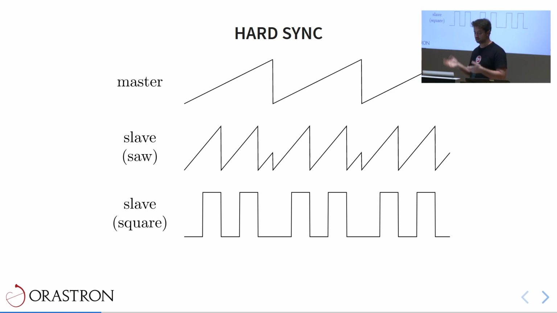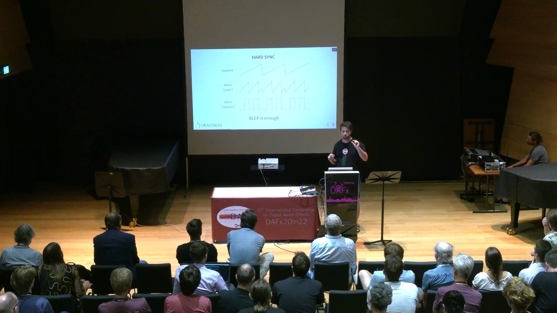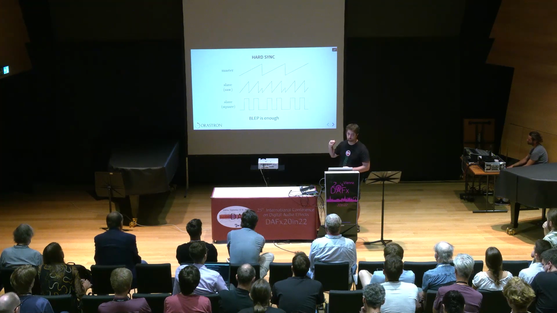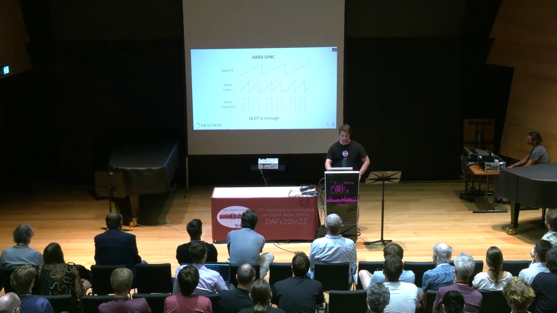And we see what happens on the output waveforms in case of the sawtooth and a square wave. Now, the same consideration that we did before is possible to apply to this case. So essentially, the same technique can be applied also for hard sync. The only caveat is that you need to scale the residual for sawtooth waves when the sync happens.